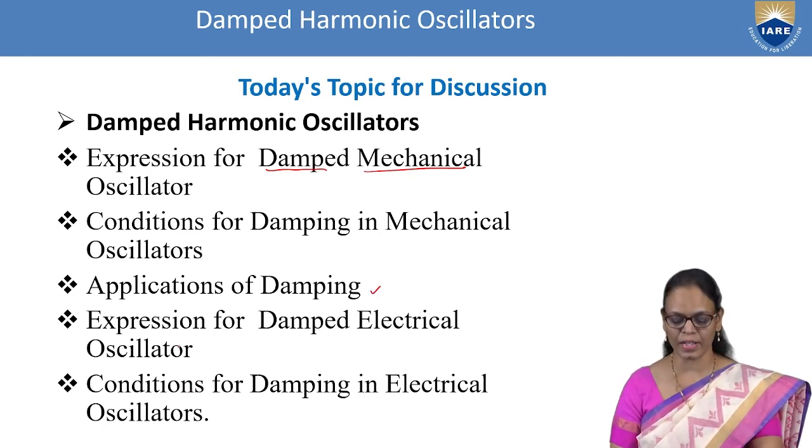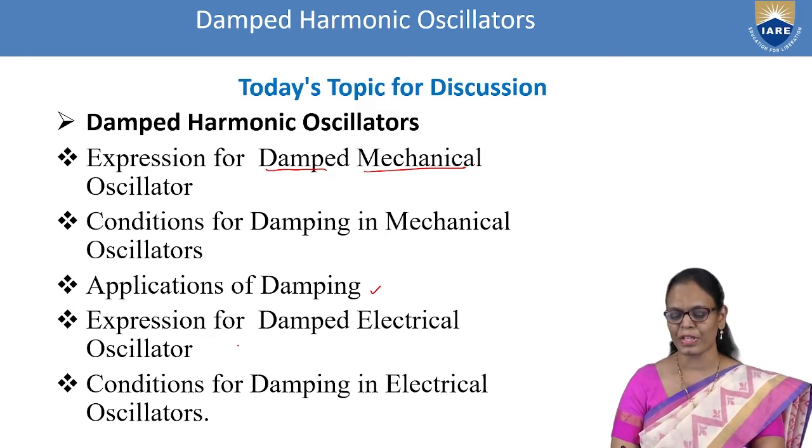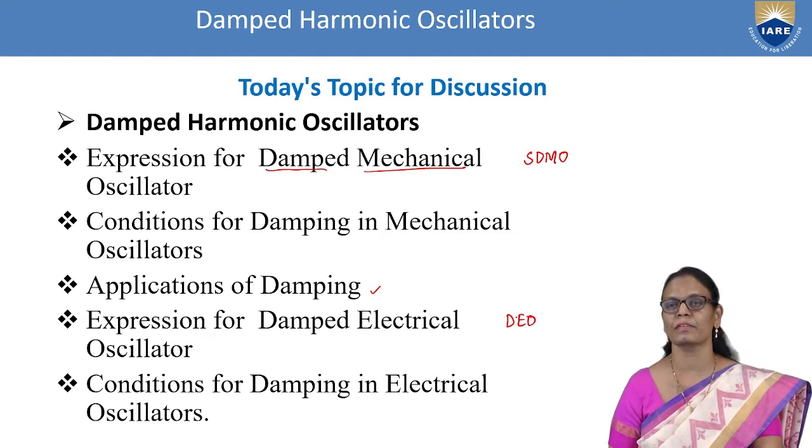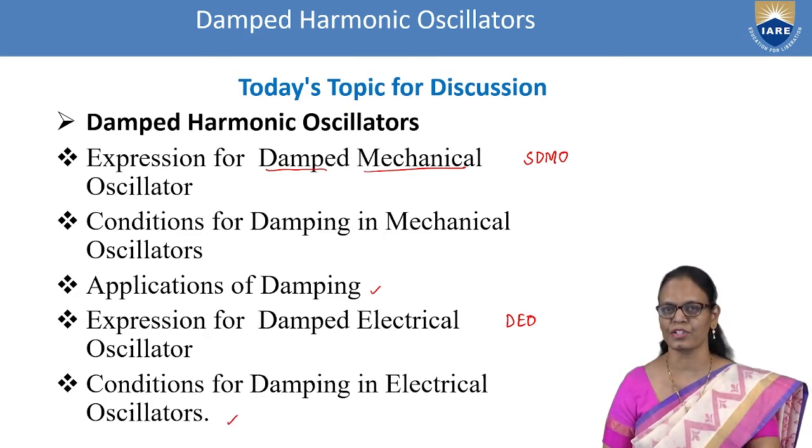Then we are going to derive an expression for a damped electrical oscillator. This is a simple mechanical oscillator, a damped mechanical oscillator, and we are also going to derive the damped electrical oscillator. For the electrical oscillator, we are just going to discuss the conditions for damping.